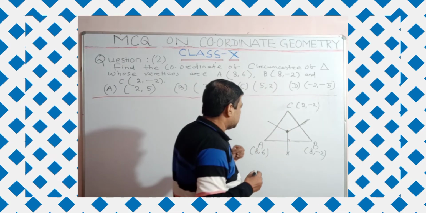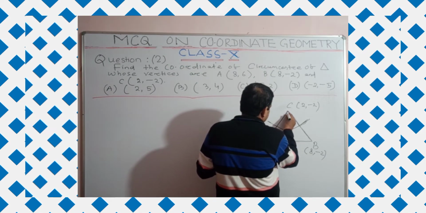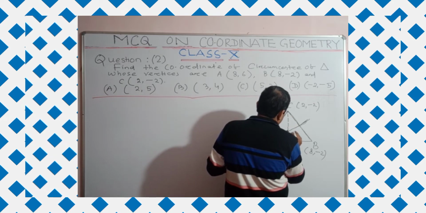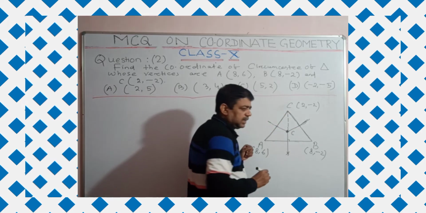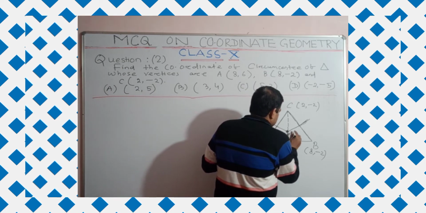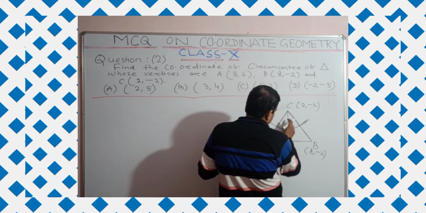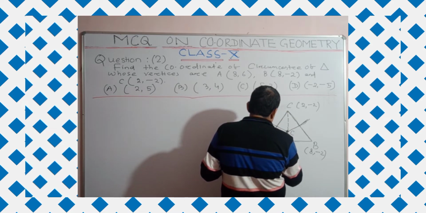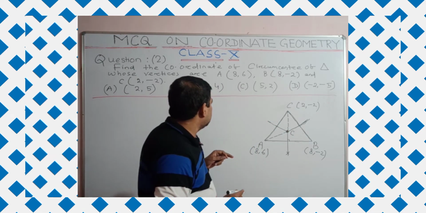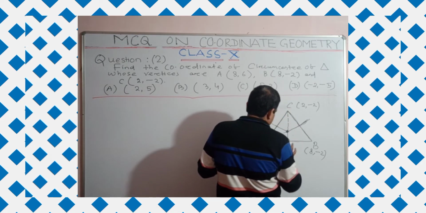Why is it called circumcenter? Because, students, if you join this point to the vertices of the triangle, they are equidistant.